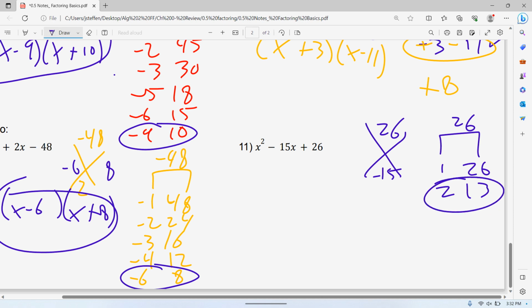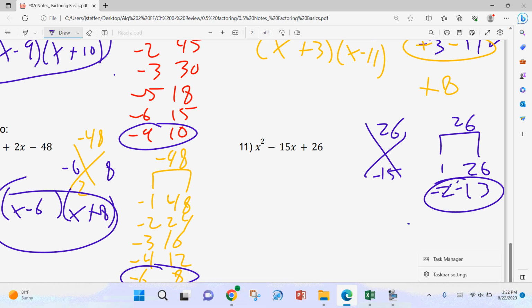This is the one we're looking at, but it's negative 15, so we have to add negatives as well. Switch both their signs. So those add up to be negative 15. So we have x minus 2 and x minus 13.